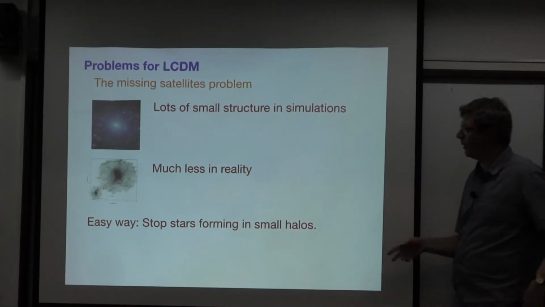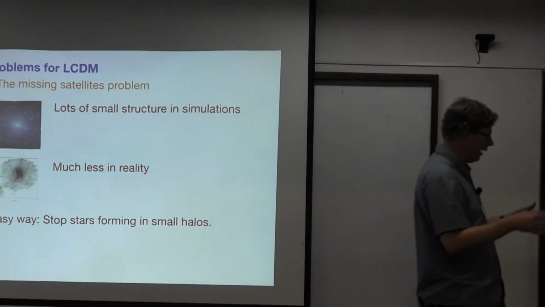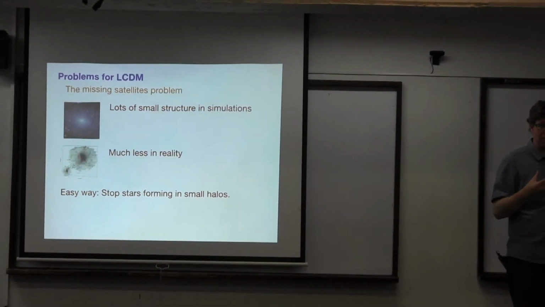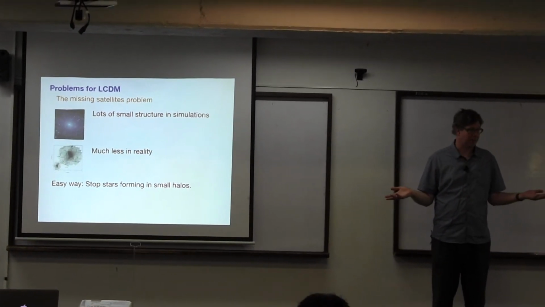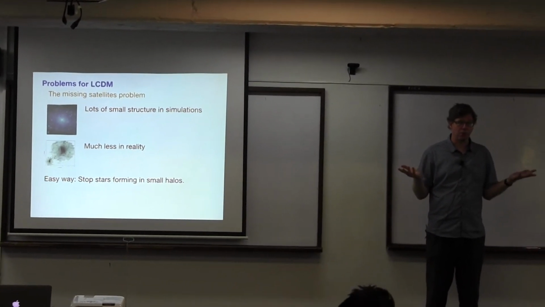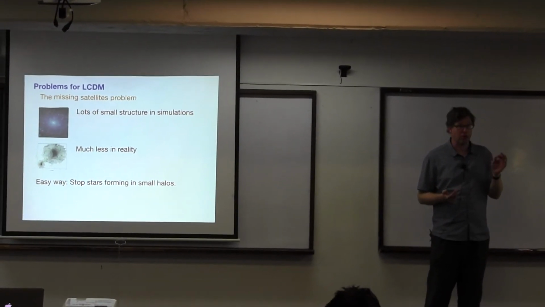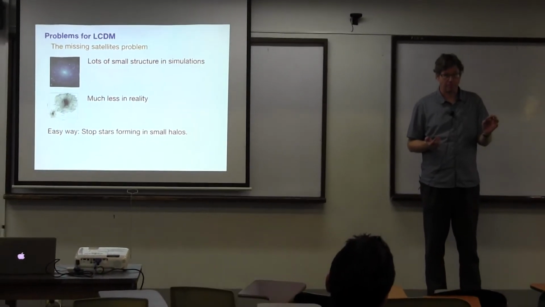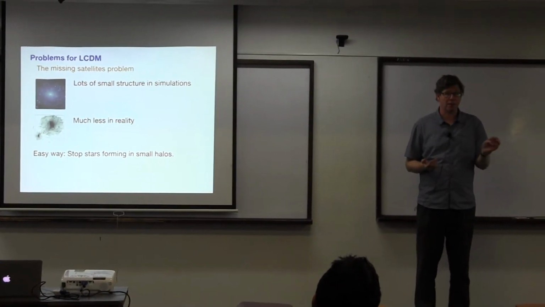And the simplest way to explain that is what I've written here. You just say, okay, when a dark matter halo is sufficiently small, there will be no stars in it. Say it's so small that you can only have 100 solar masses of gas inside it. 100 solar masses might not be enough even to form a single star.